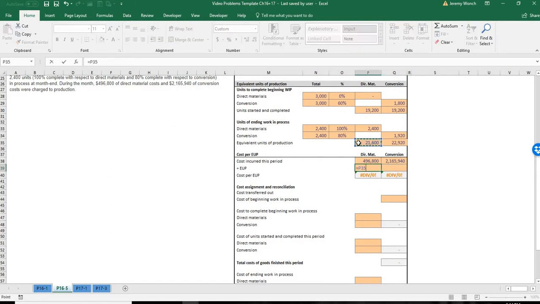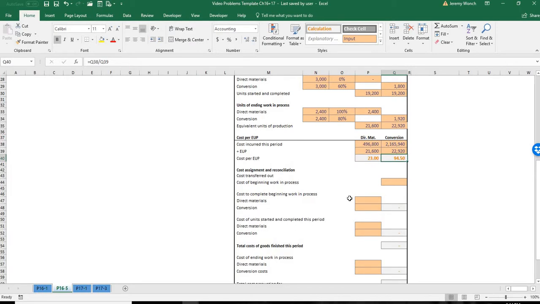And we want to plug in our equivalent units. So now we have our cost per equivalent unit of $23 per unit for direct materials, and $94.50 for conversion cost.